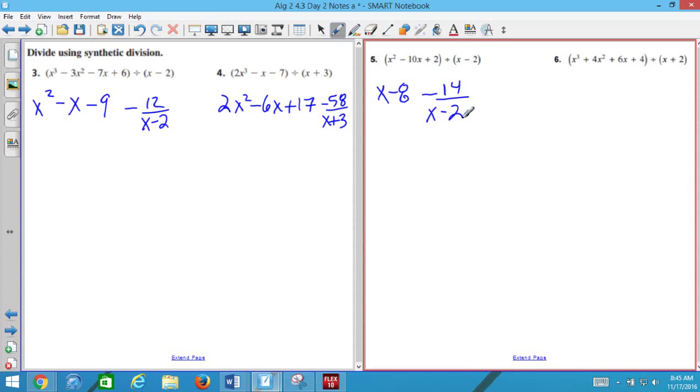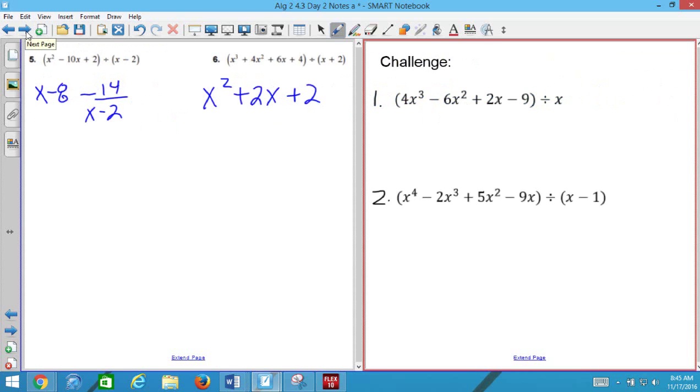And then when you get to number 6, this is the one that didn't have a remainder, or the remainder was 0. So if you have a remainder that is 0, x squared plus 2x plus 2, don't write it. If there's something that comes up as 0, don't write it. It's not there. Okay? Did I do the last 2 answers? Yes. I got it right.